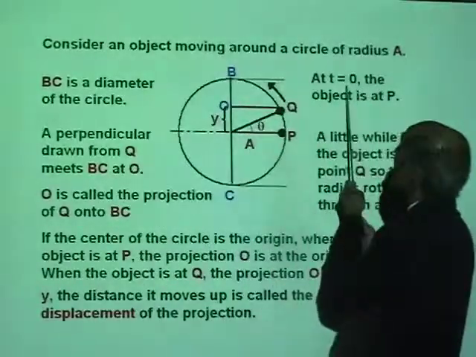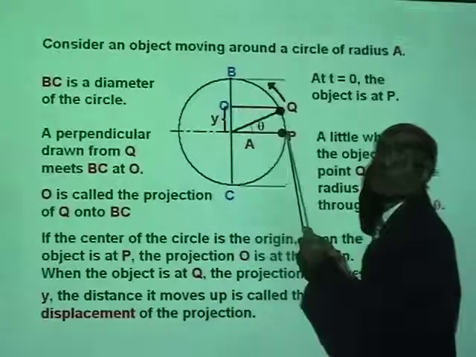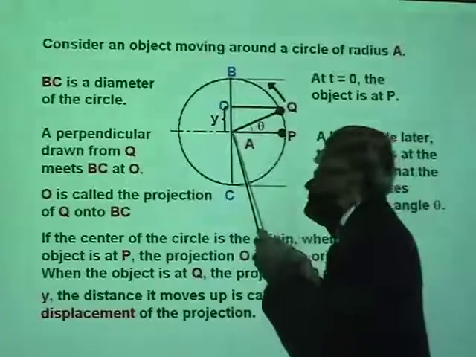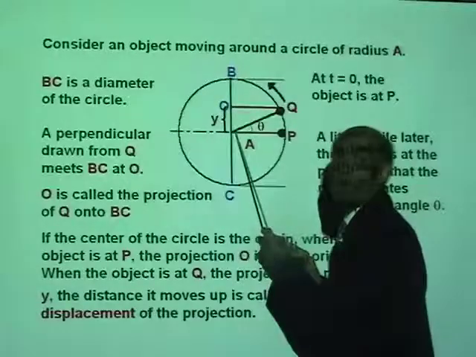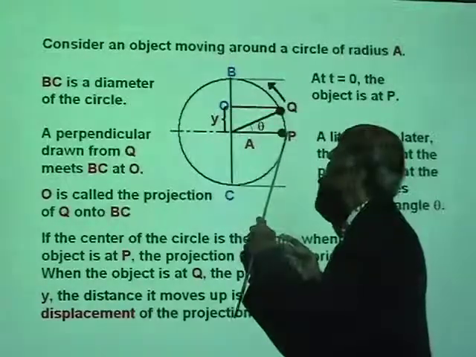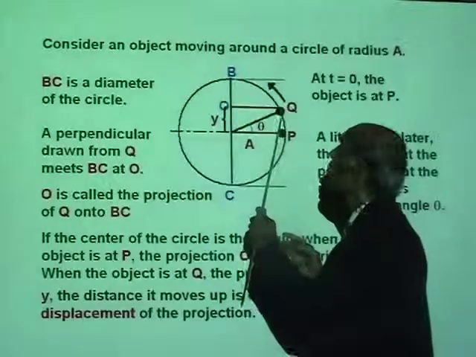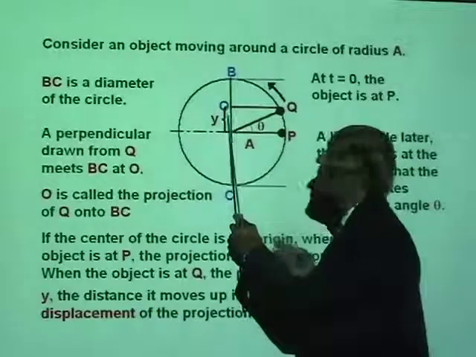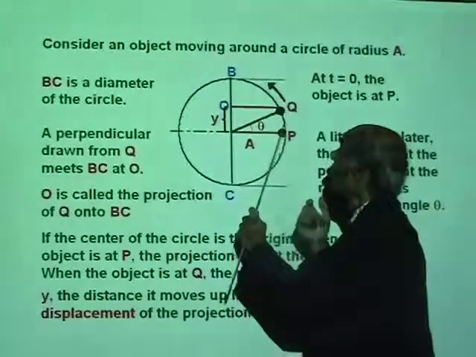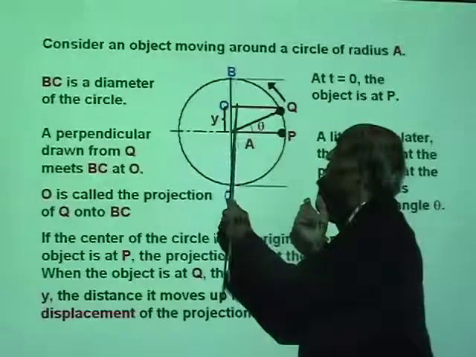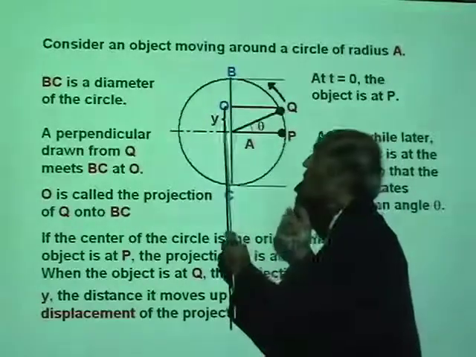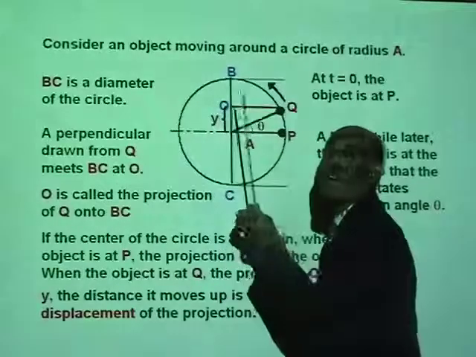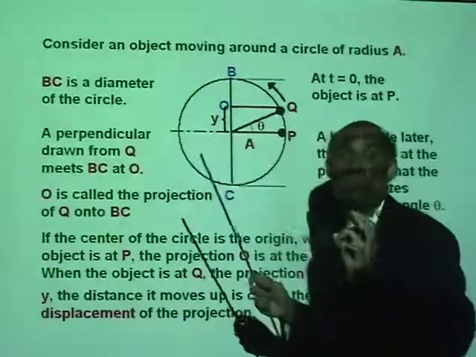When I start my clock, t equal to 0, the object is at P. When the object is at P, its projection is at the origin. And as P moves along the circle, what happens to its projection? It moves up on the diameter. And when the object is at Q, the projection is at O. That means the projection has now moved up through a distance y, and we call that the displacement.